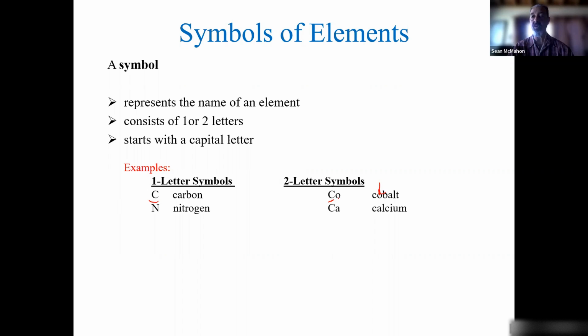Capital C alone was already taken by carbon. So we go to the second letter, we lowercase it, and it's Ca. And I know a lot of you already know these symbols. That's why I'm using these specifically. Again, fluorine F, oxygen O. However, for aluminum, we do Al, magnesium, Mg, not to be confused with manganese, which is Mn.